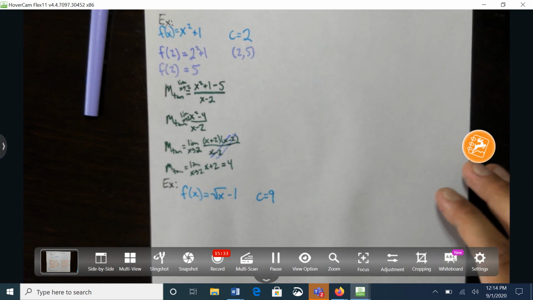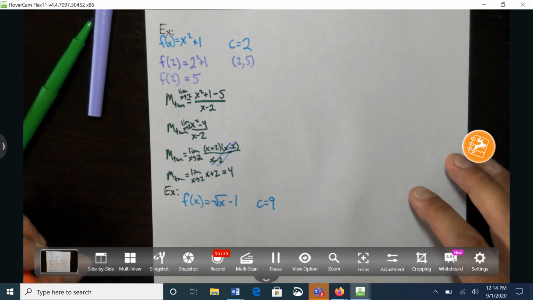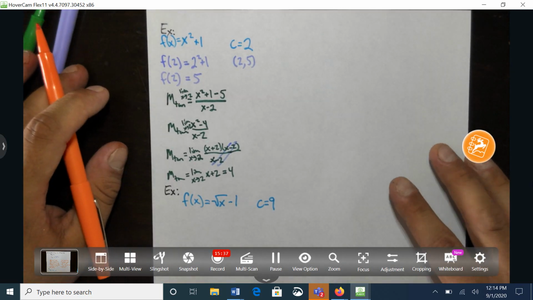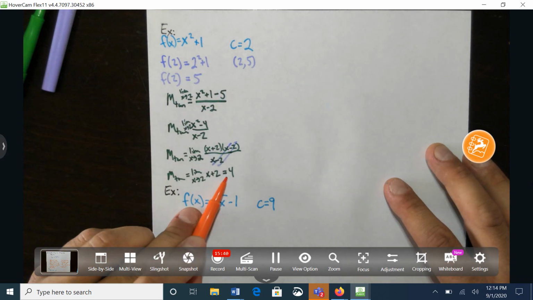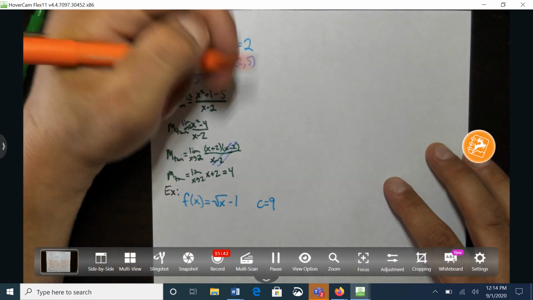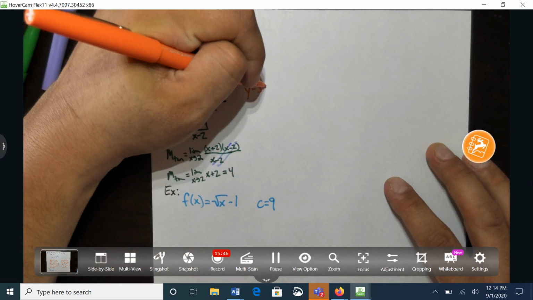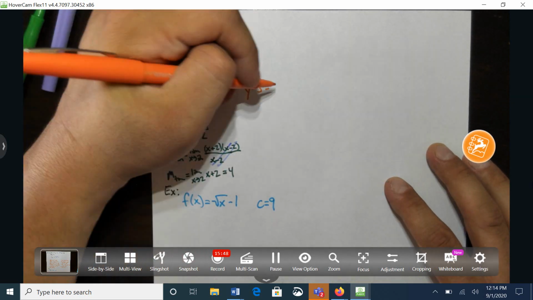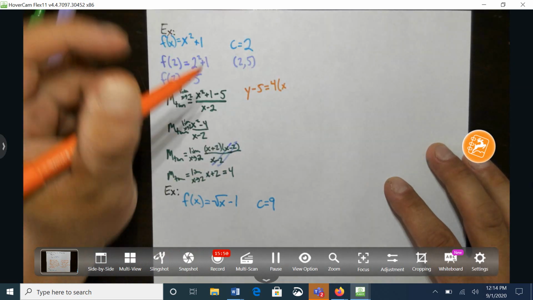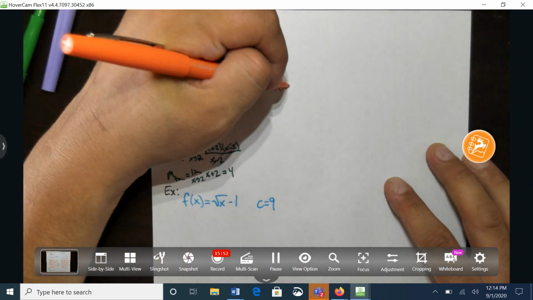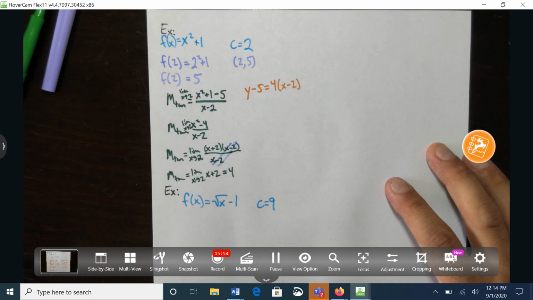So now we can go ahead and plug this into point slope form. Because we have our point, we have our slope. So our point slope form is y minus y1, so y minus 5 is equal to our slope, which is 4, times x minus x1, so x minus 2, and then simplify.